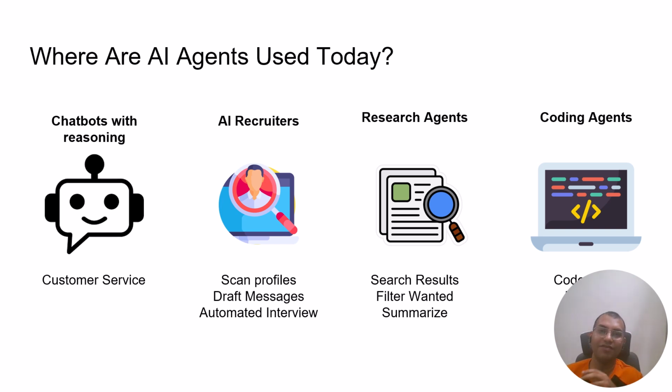Then next is a coding agent. This is something that major companies are saying, okay, we are able to save this much time and this many resources by automating the code. So this is something being widely talked about. All the companies are right now measuring productivity in terms of the percentage of code that is being completed, but no one is measuring what the time saving is through it.